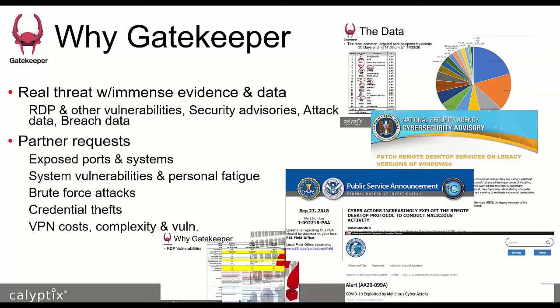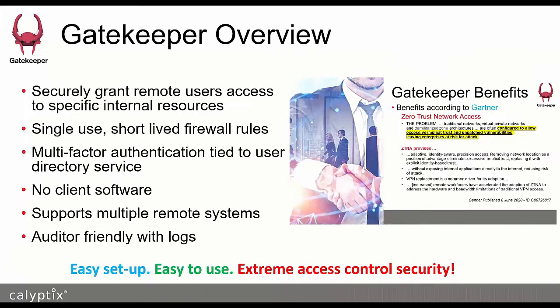And then you add on top of that the fact of outright credential thefts, then the cost and complexity of VPNs, and the pushback that we see from customers, small business owners that say, hey, just let me use RDP. It's okay, right? Well, we know that there are 5 million systems out there with RDP exposed on Shodan that you can get a subscription there and pull the list down at your leisure, which people do. So this is really needed.